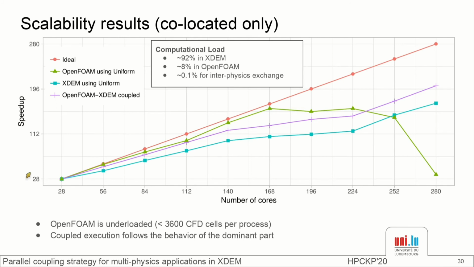This is the scalability result. We can see with the green line that OpenFOAM does not scale well in that case. This is normal because in that case OpenFOAM is a bit underloaded for this number of nodes, with less than 4,000 CFD cells.